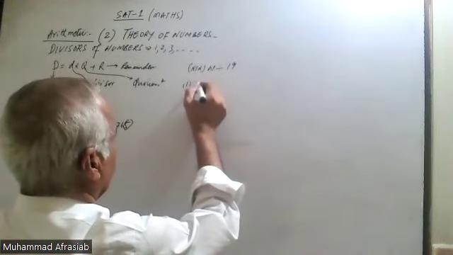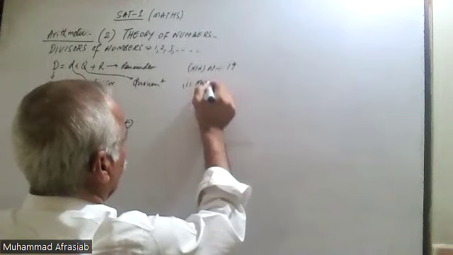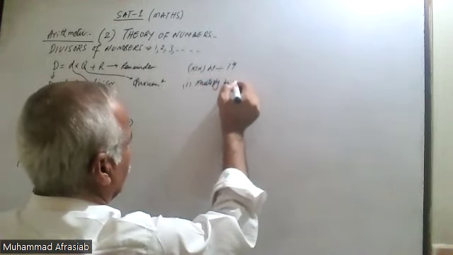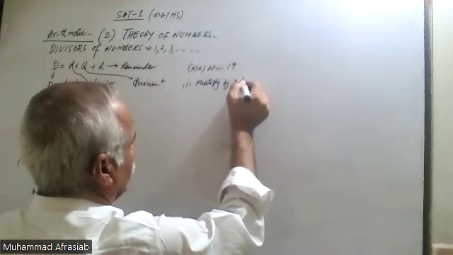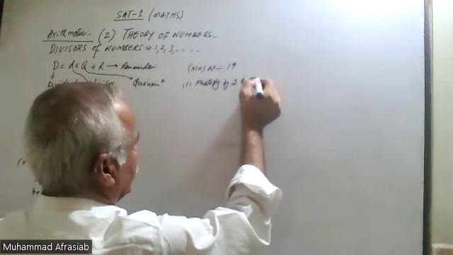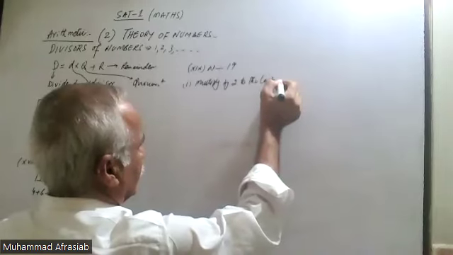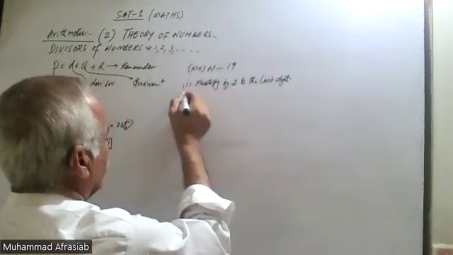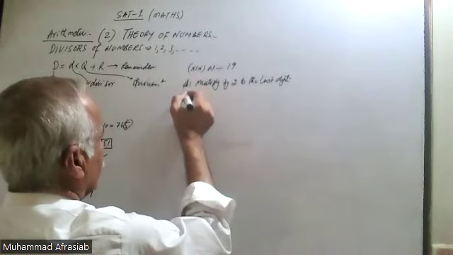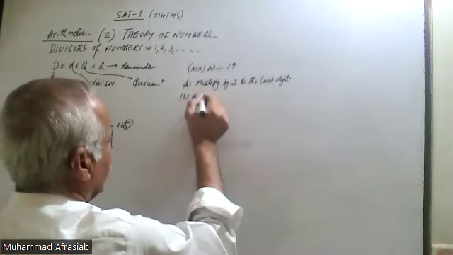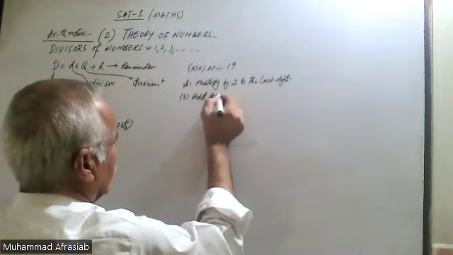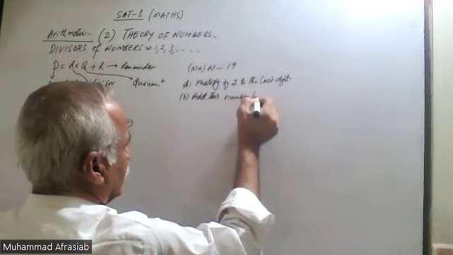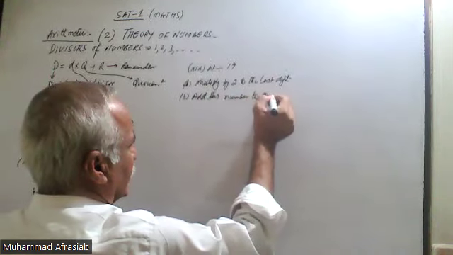First, multiply the last digit by 2. Add this number to the rest of the numbers.